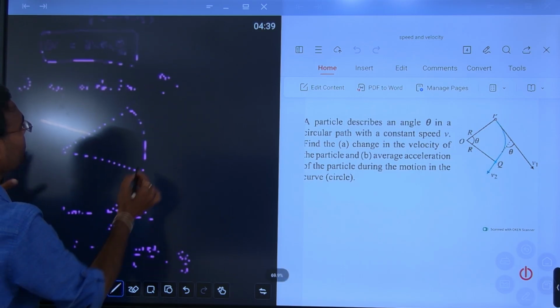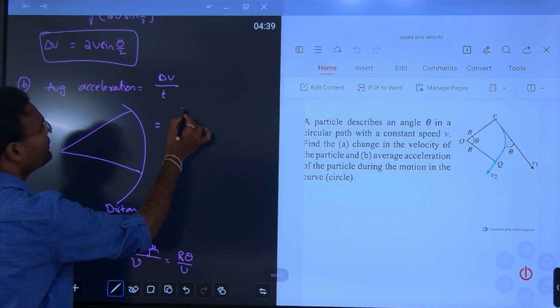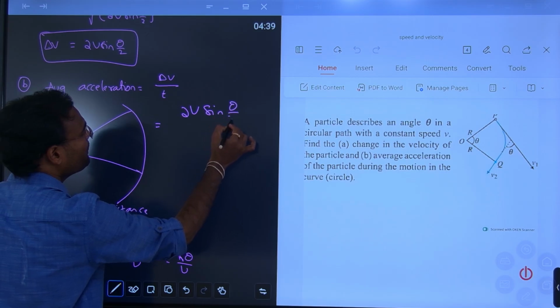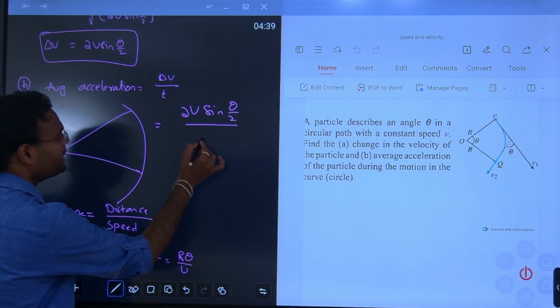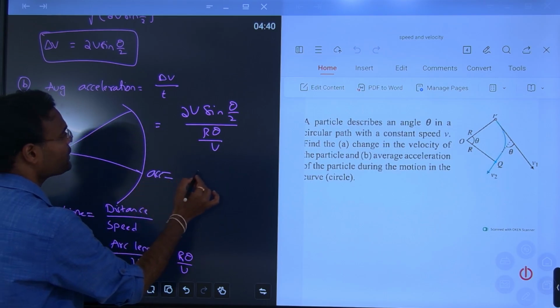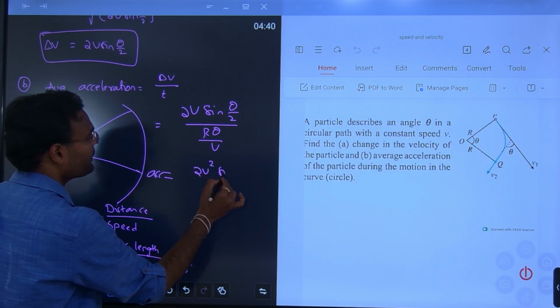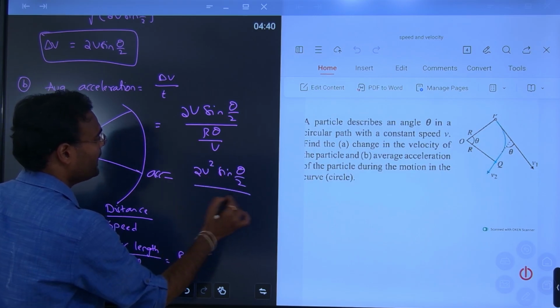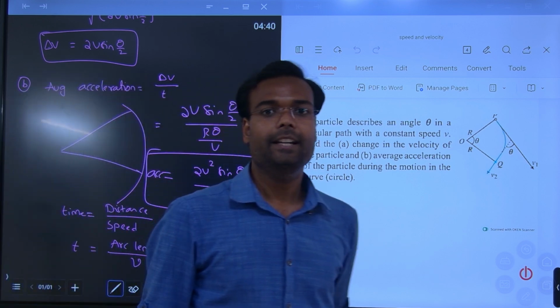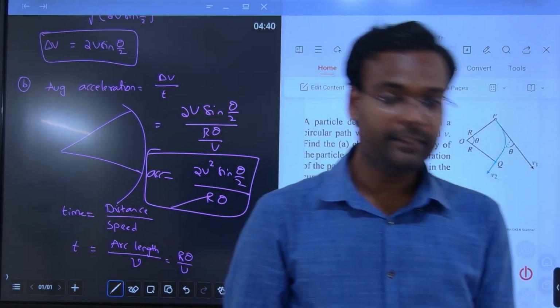Now delta v is equal to 2v sin theta by 2, and time is equal to r theta by v. Therefore, the acceleration is 2v square sin theta by 2 by r theta. This is the acceleration by using the vector concept.